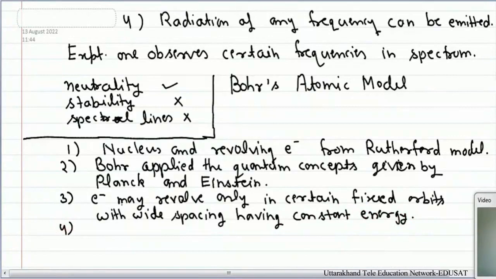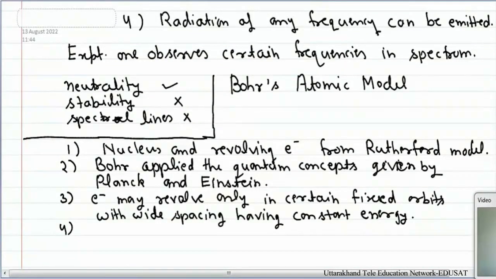So this was a new concept. Bohr took the concept of nucleus and revolving electron from the Rutherford model, and then he applied quantum concepts to it, and he said that electrons cannot revolve in any orbit, but may revolve only in certain fixed orbits with wide spacing having constant energy.